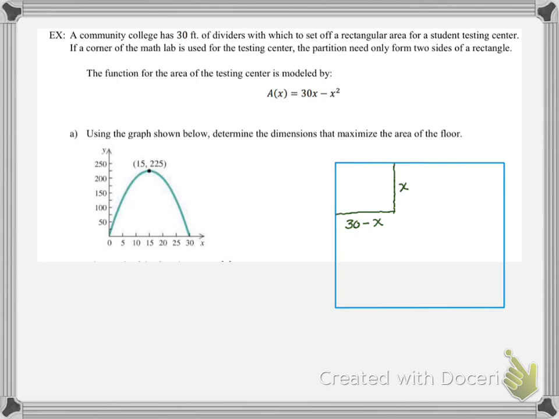And what we want to know is what width will maximize area. So if we look at the graph of our area function, what should the width of my rectangle be if I want to maximize area?